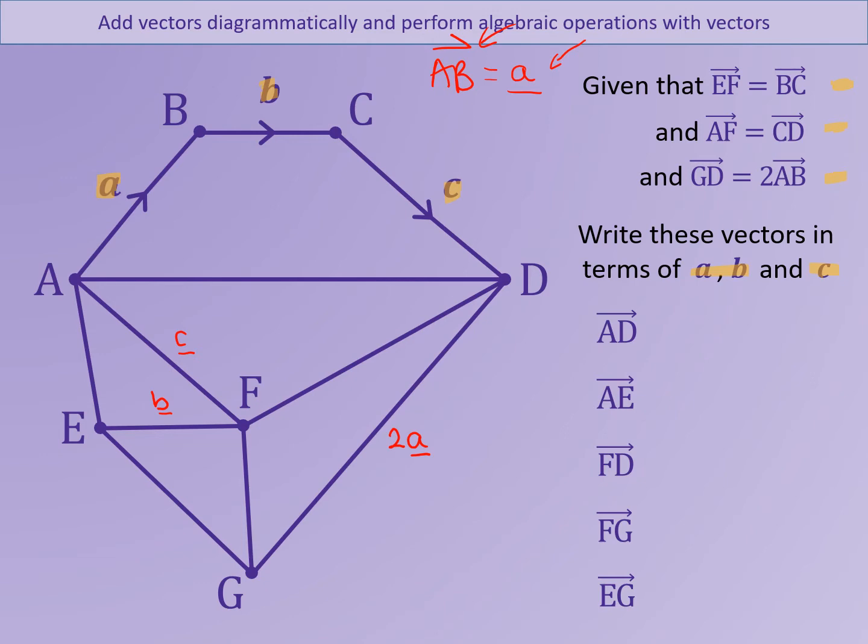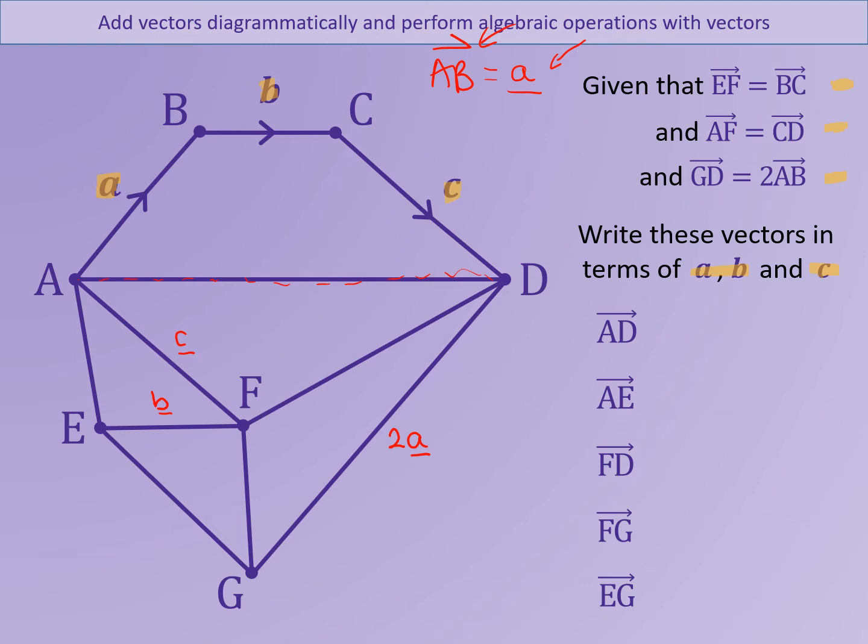Now if we take a look at the first example, then you can have a go at the others yourself. So if we look at AD, how can we work out a path that takes us from A to D? The direct route is clearly along this straight line here, but we don't know this length, so we have to combine the vectors that we do know.